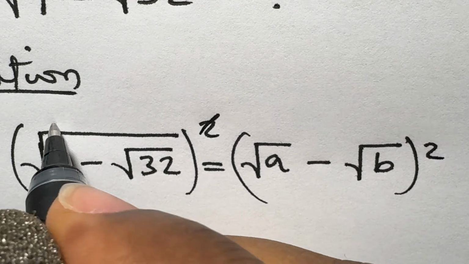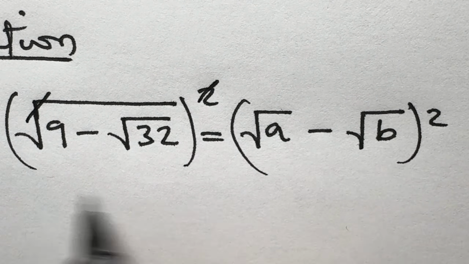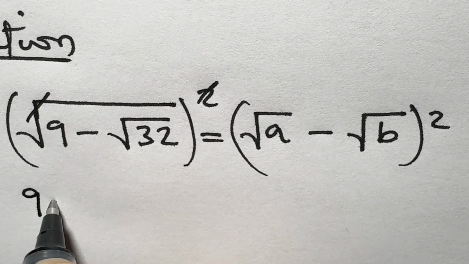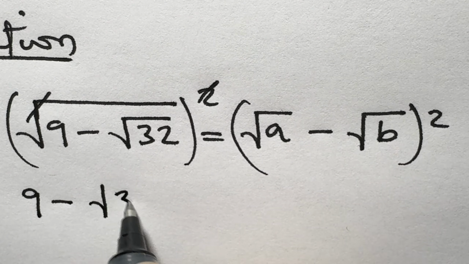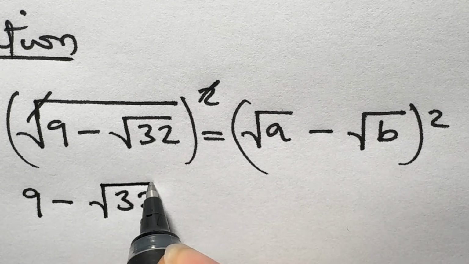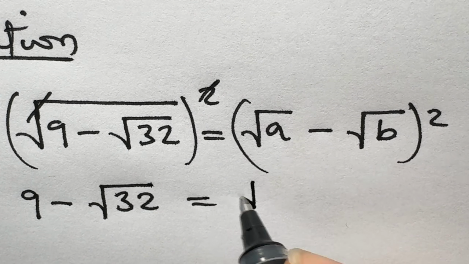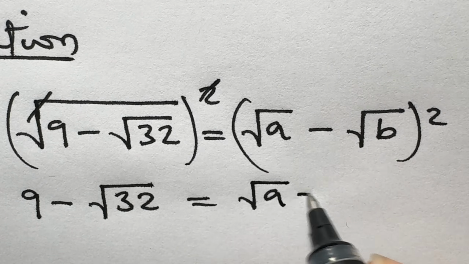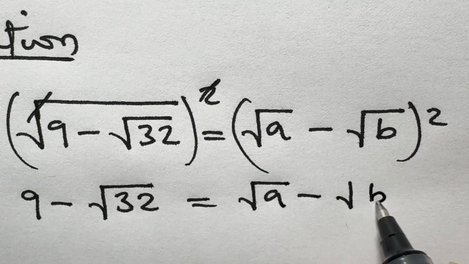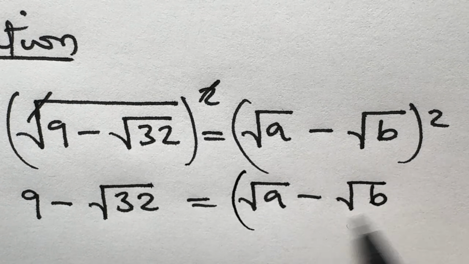This cancels this. Then I'm going to have 9 minus square root of 32 is equal to square root of a minus square root of b squared.